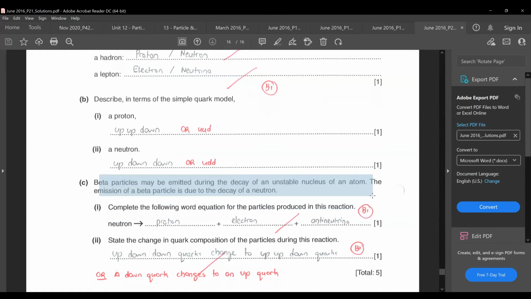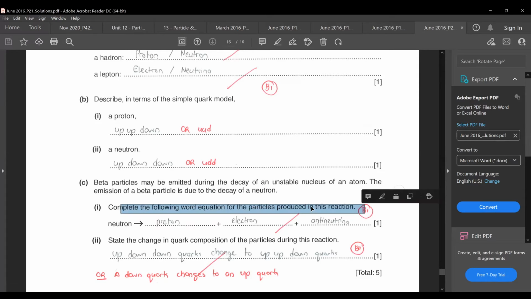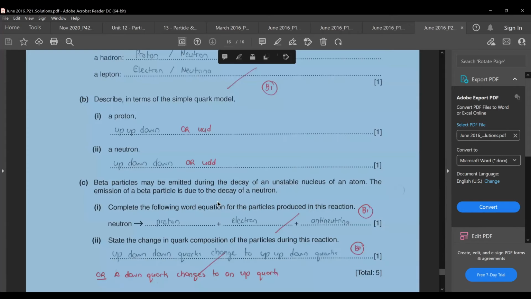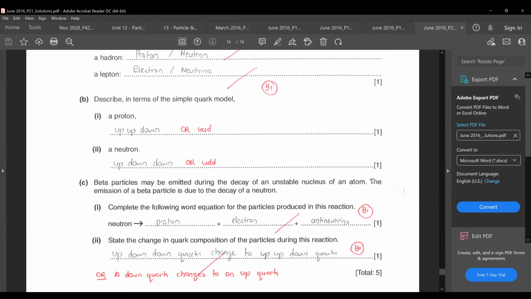Now, beta particles may be emitted during the decay of an unstable nucleus of an atom. The emission of a beta particle is due to the decay of a neutron. This one, they already tell you what to start from. Complete the following word equation for particles produced in this reaction. They tell you the emission of beta particle is due to decay of a neutron.